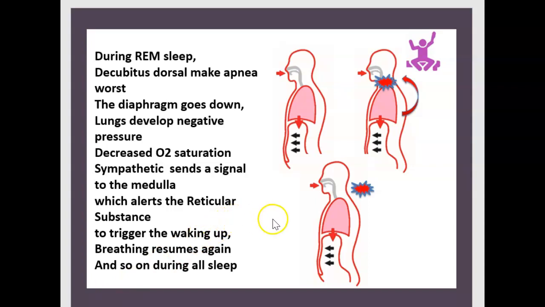Let's deal with the physiopathology of sleep apnea. During REM sleep, decubitus dorsal makes apnea worse. The diaphragm goes down, and the lung develops negative pressure.